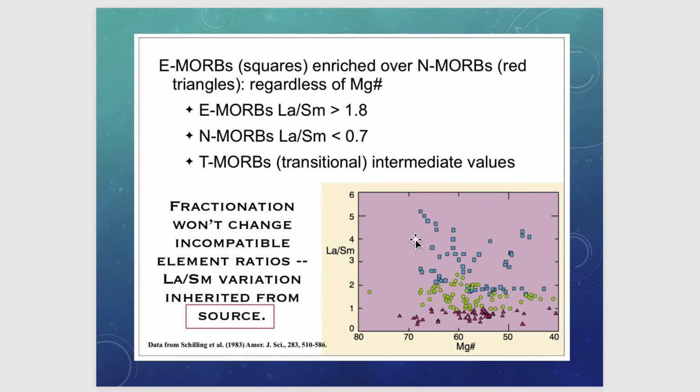And you can see there is not much variation in terms of ratio depending on the fractionation of these basalts, which indicates that the enrichment that we observe is rather related to the source rather than being the product of a different degree of fractionation. So when you collect the rocks, even if they are part of a fractionation series and they are more differentiated, this ratio will be constant.